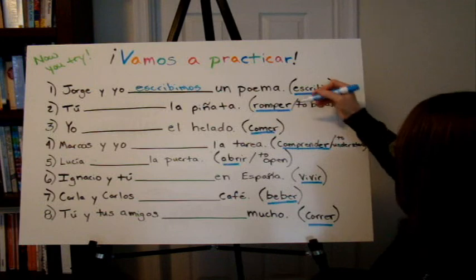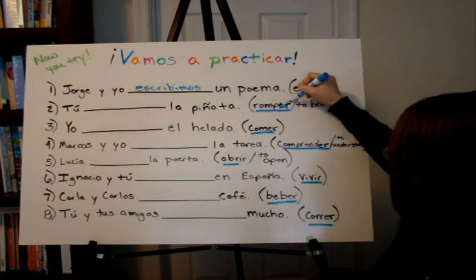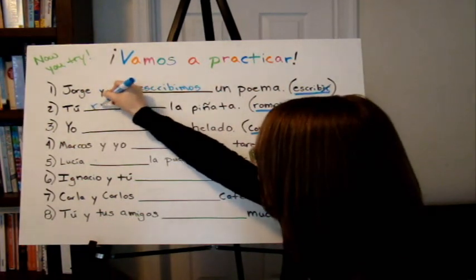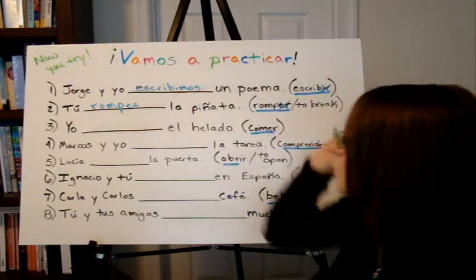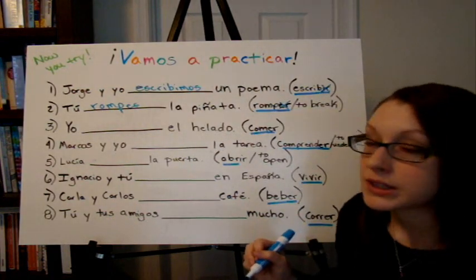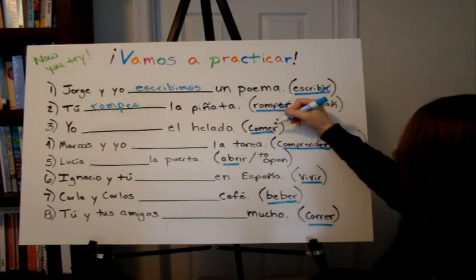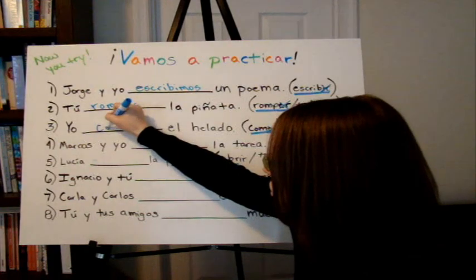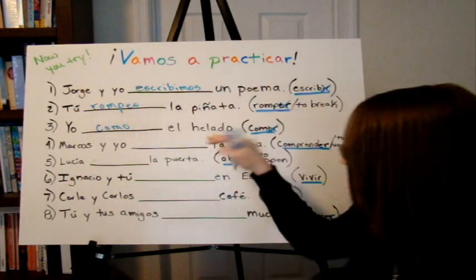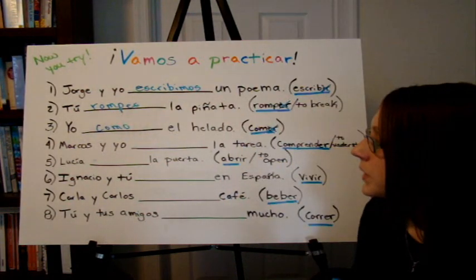Tú, romper, which means to break. And we're going to conjugate for the tú form, which is rompes. Tú rompes la piñata. You break the piñata. Yo, comer el helado. So yo como el helado. I eat the ice cream.